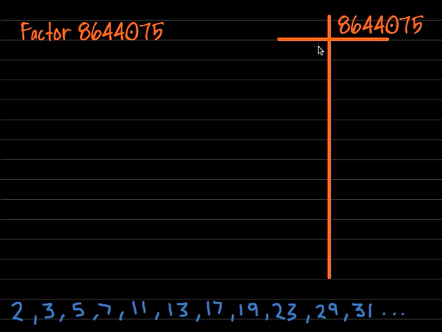I can tell by looking, however, that it is divisible by 5. So let's divide it by 5. So I'm going to type that in. Calculator, divide by 5. So that's 1,728,815. So let's write that down. 1,728,815, which I can also tell is divisible by 5 because it ends in a 5 or a 0.